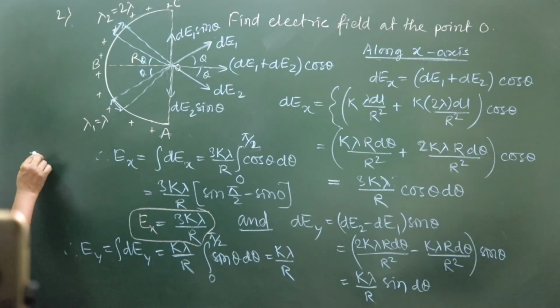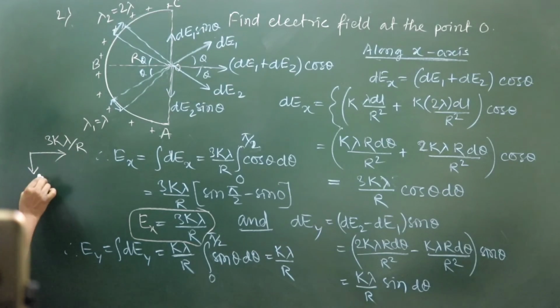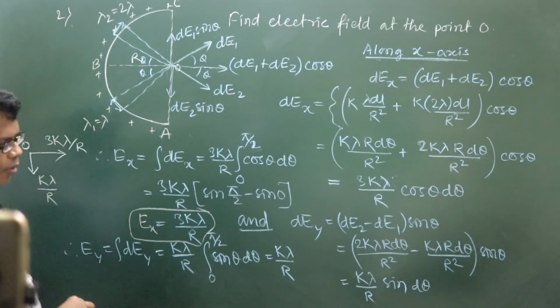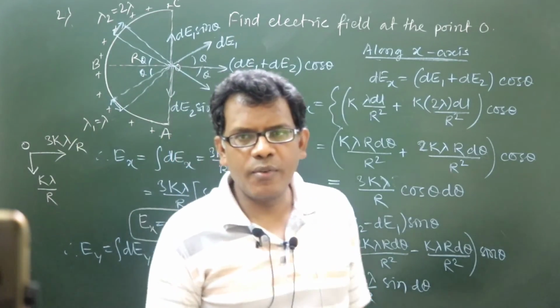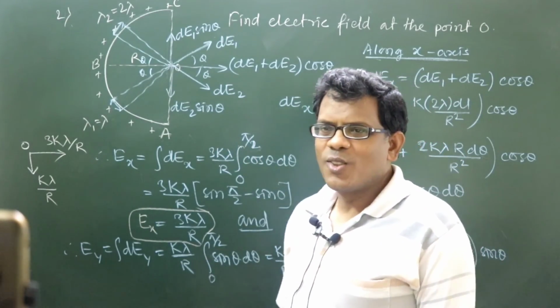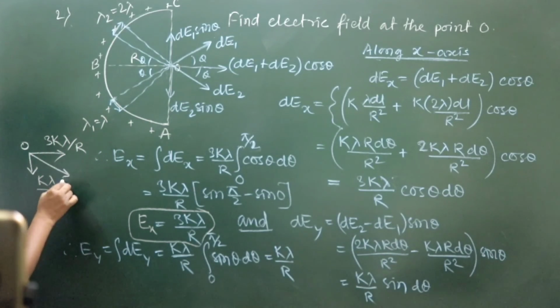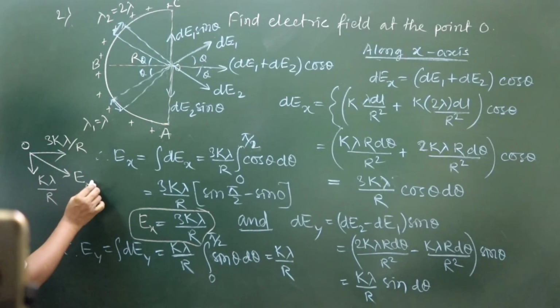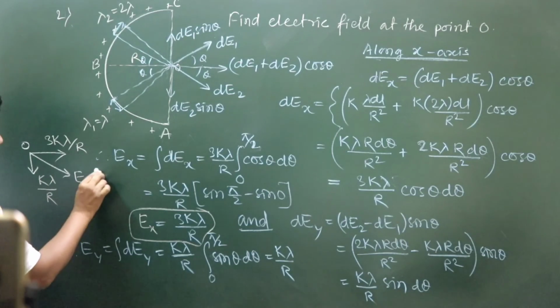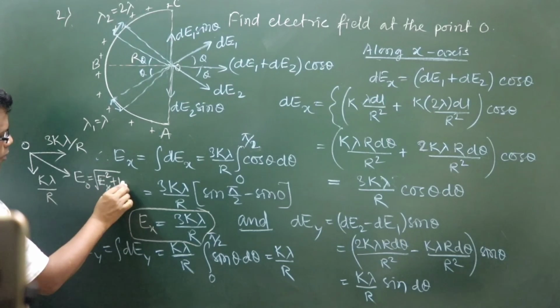That means the final thing is, in this direction it is 3k lambda by r, and in this direction it is k lambda by r. Got my point? This is the point O. So electric field we are getting available on both x as well as y. So the net electric field can now be found, using under root of Ex square plus Ey square.